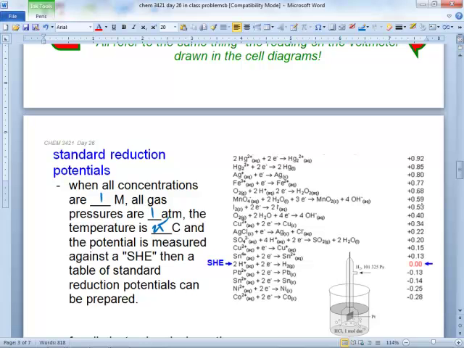Standard hydrogen electrode. If you want to know what it is, there's a picture of it down here. So you have to build all these cells. You don't mess with the standard hydrogen electrode. Leave it alone. But the other cell, you just keep exchanging, and then you see what the voltmeter reads. And that's what all these numbers state.